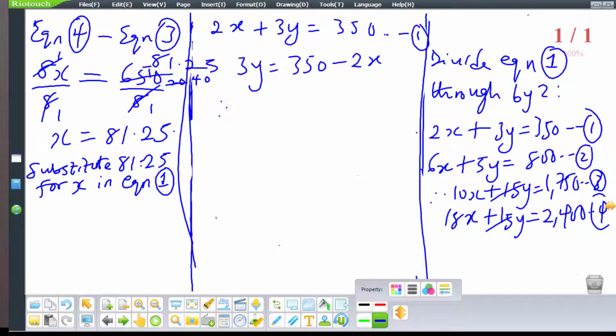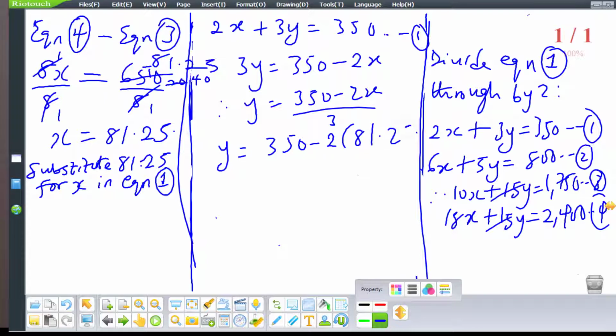So y equals 350 minus 2x, all over 3. Now let's substitute 81.25 for x, so we get y directly. That's going to be 350 minus 2 into bracket 81.25, all over 3.